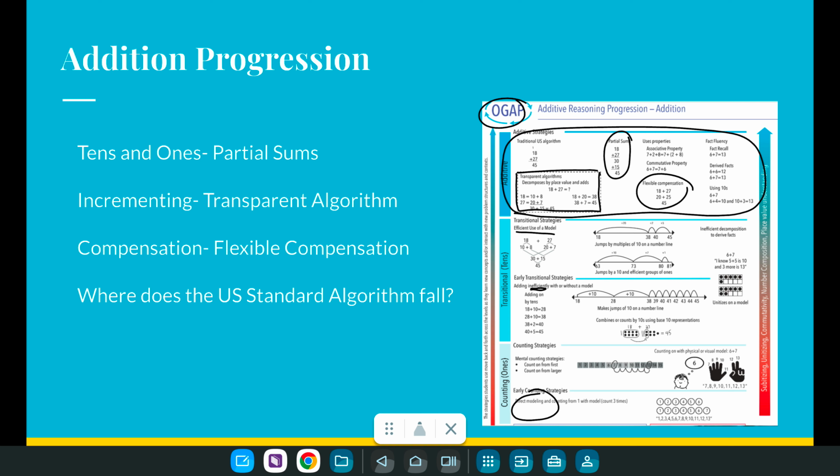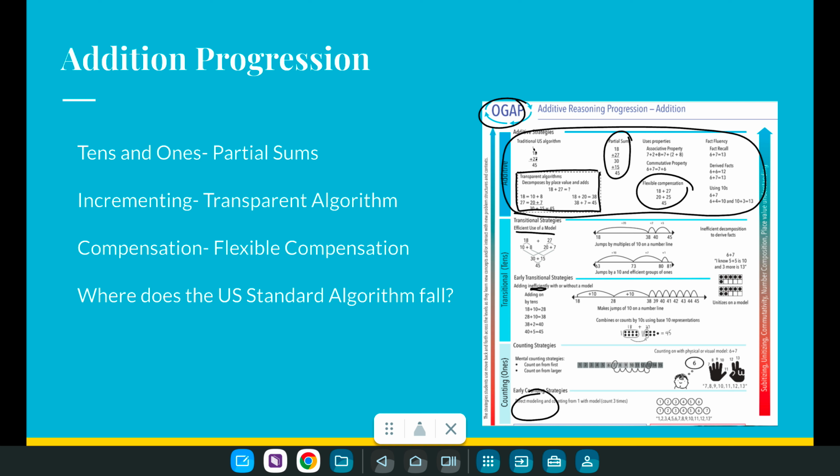The US standard algorithm, where does it fall? What are we really doing? And believe it or not, the US standard algorithm is actually incrementing, because what we're doing is we are starting here and thinking about 8 plus 7 and we get 15, but it's still 15 is being split there, and we're going 15 and some more.